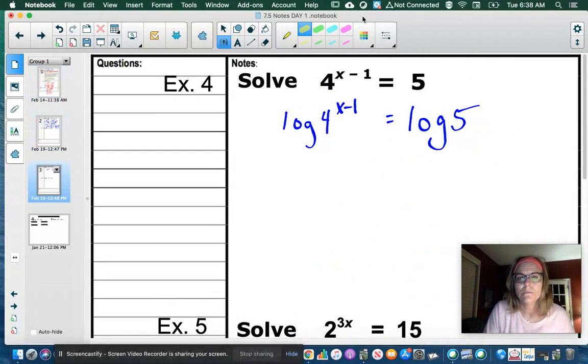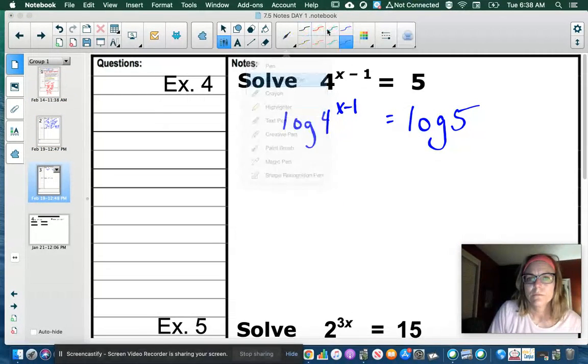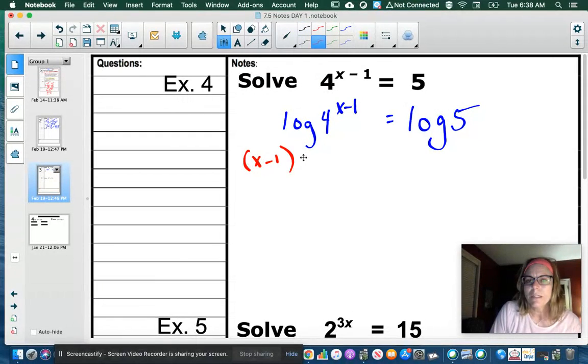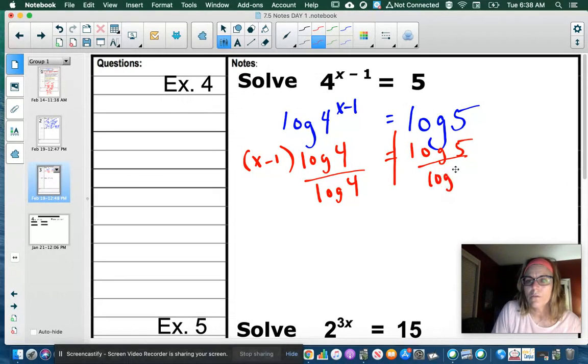Here we go. I'm going to use the power property of baseball, throw the x minus 1 in front. When it's a binomial, put it in parentheses. Divide both sides by the log 4.